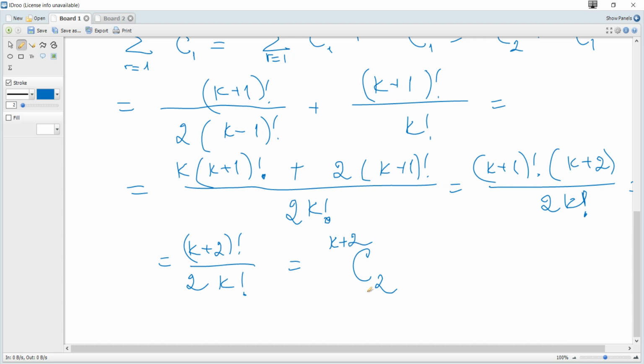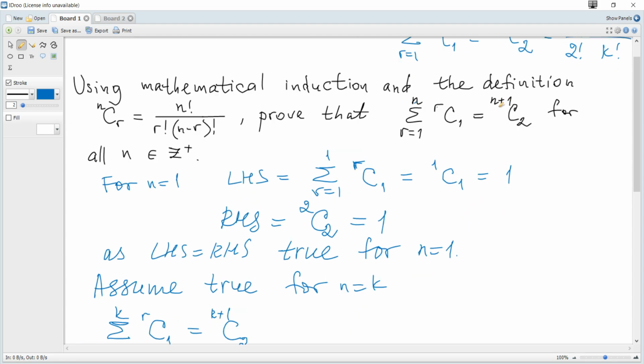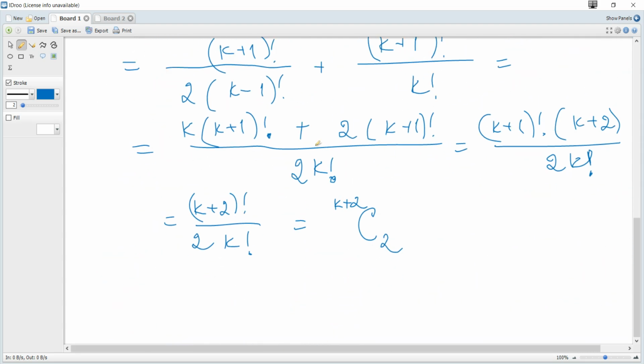Or you may write like this, it's k plus 1, k plus 1 plus 1. And you can see that it's true for n is k plus 1. So we write true for n is k plus 1.